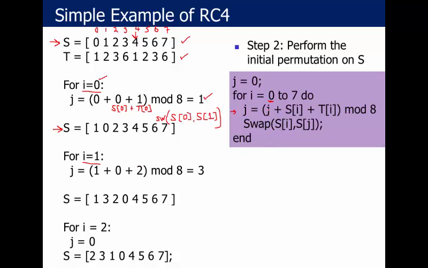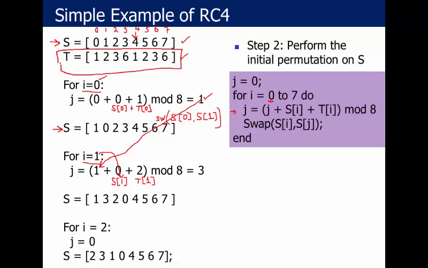So for I equals 1, then J equals J plus S of I. J is initially 1, so this is nothing but that. And then S1, because that is that. And then T of I, which is T1. T remains the same all the time.